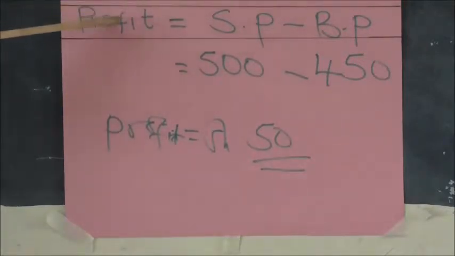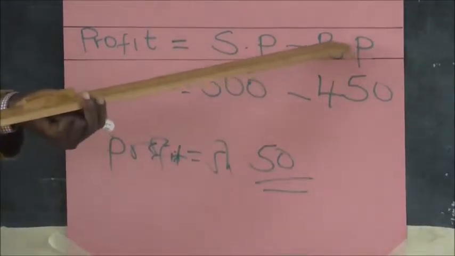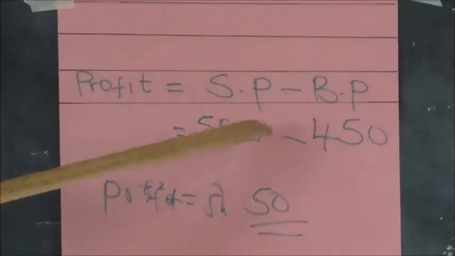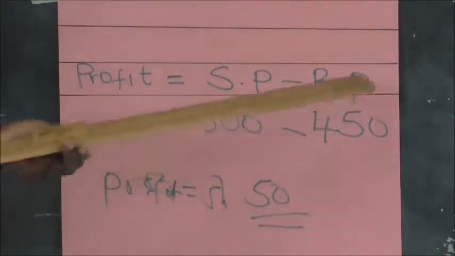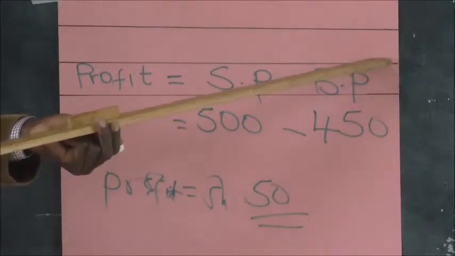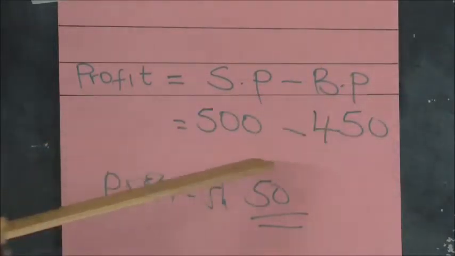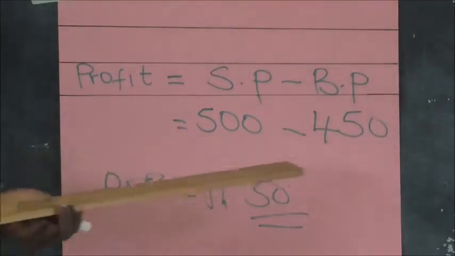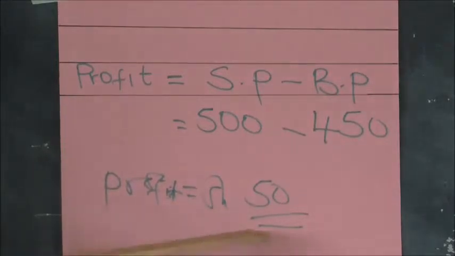That is profit equals selling price minus buying price. Where we have the selling price, replace it with the amount of money that was paid when the item was being sold. Where we have the buying price, replace it with the amount of money paid when the item was being bought. Then find the difference. So the difference between the selling price and the buying price will give us the profit made. And in this case, our profit was 50 shillings.